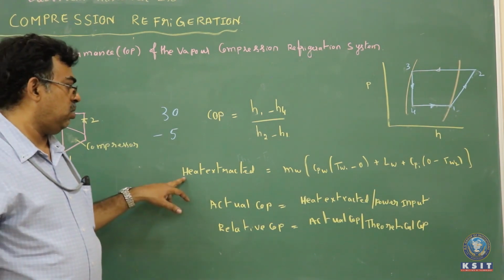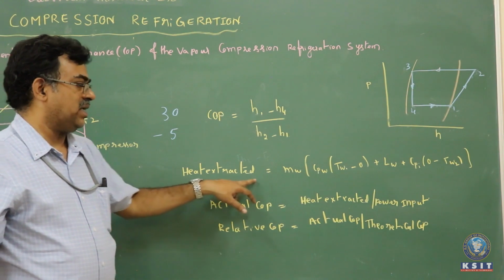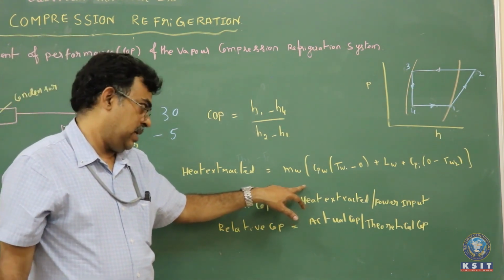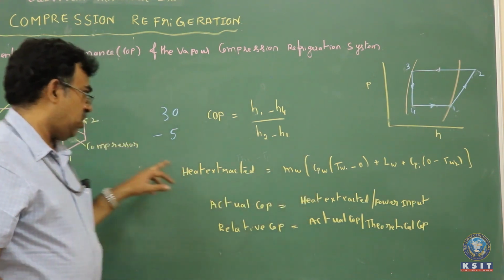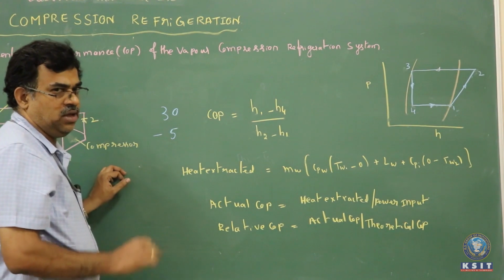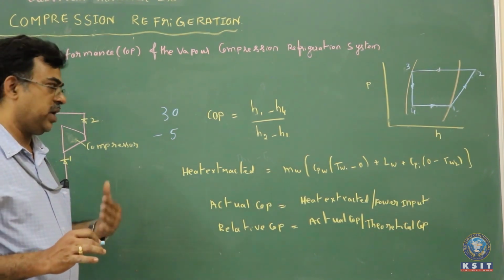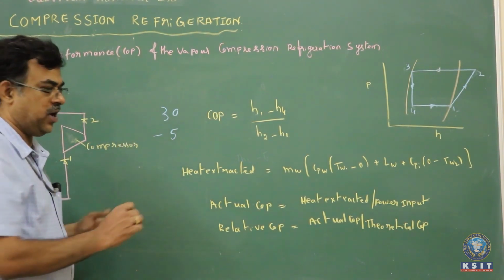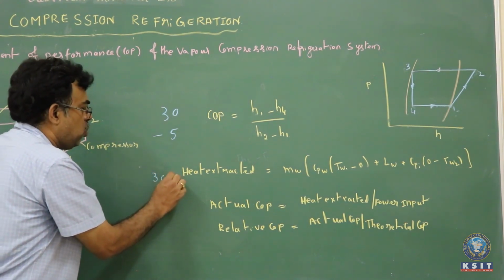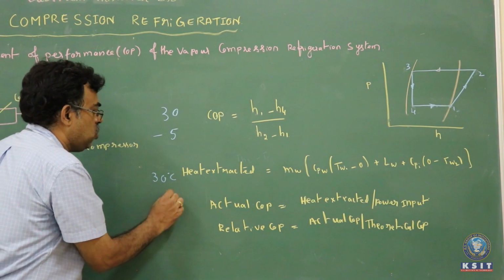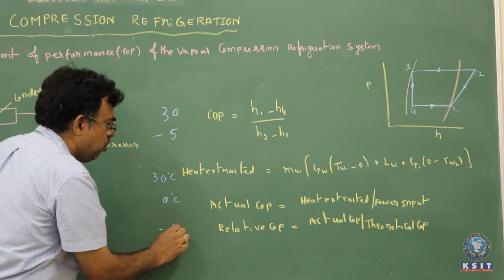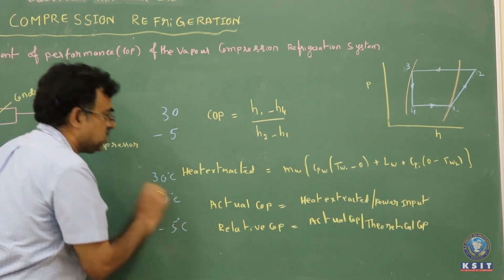Now you write the heat extracted. Heat extracted equals mass of water times... It is not cooling directly from 30 to minus 5 degrees. First you extract the heat from 30 degrees to 0 degrees, then 0 to minus 5 degrees.